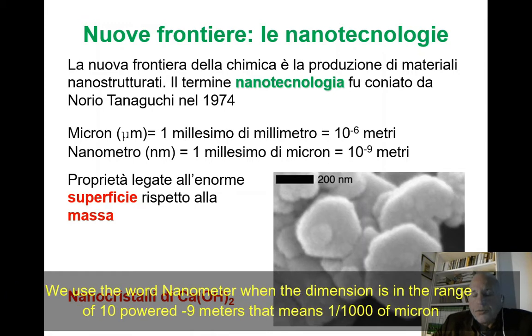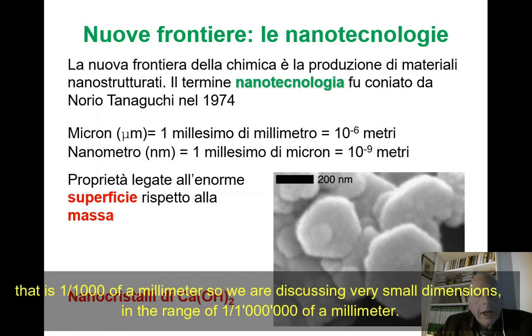We use the word nanometer when the dimension is in the range of 10 to the power of minus 9 meters. That means 1,000th of a micron, that is 1,000th of a millimeter. And so we are discussing very small dimensions in the range of 1,000,000th of a millimeter.